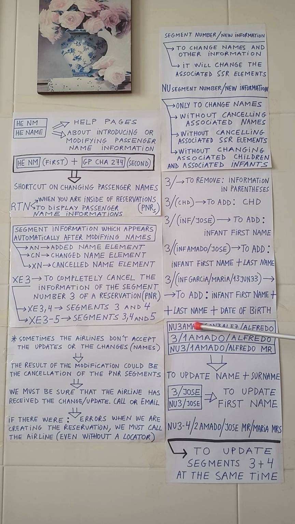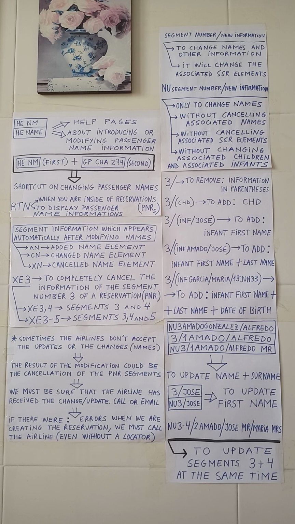In the previous transaction, we did not write the number 1 before the last names Amado González because that transaction affects a reservation where Alfredo is the only person with the surnames Amado González.